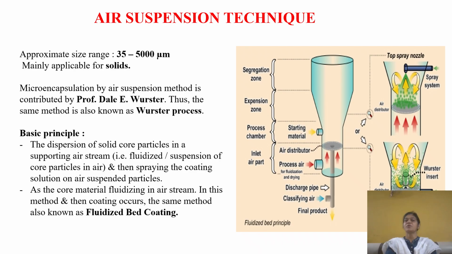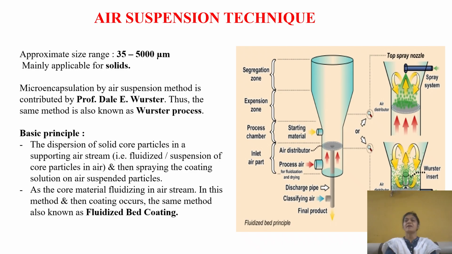This microencapsulation was initially invented by Professor Dale E. Wurster, and that's why this process is called the Wurster process. The basic principle is that the solid core material is passed in a supporting air stream, that is, fluidized, or suspension of core material in air, and then the coating solution is sprayed on the air suspended particles. As the core material is fluidized in an air stream and coating occurs, this method is called fluidized bed coating.